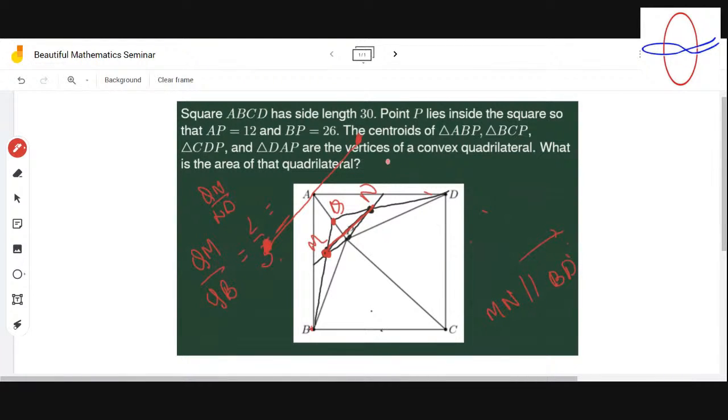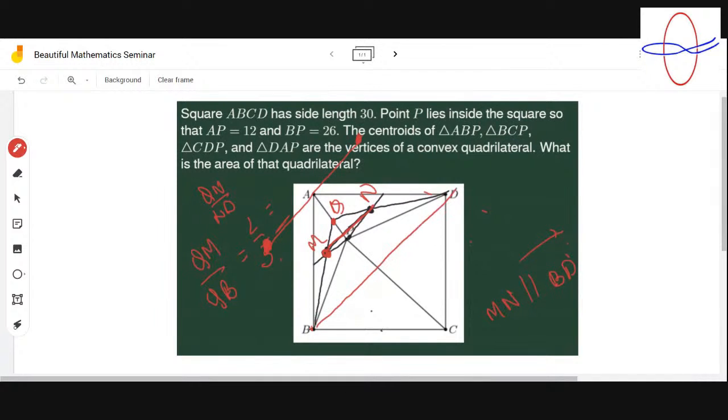And now you can prove that this BD is parallel to this bigger one, right? All of you understood this proof?